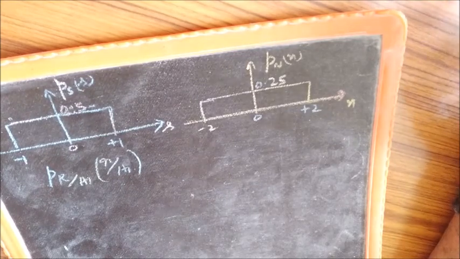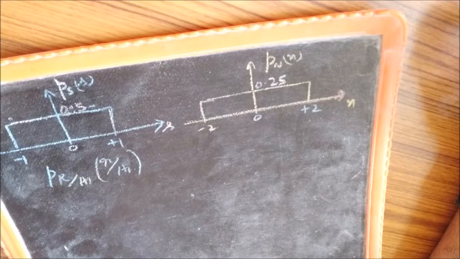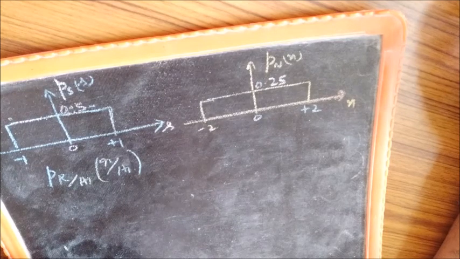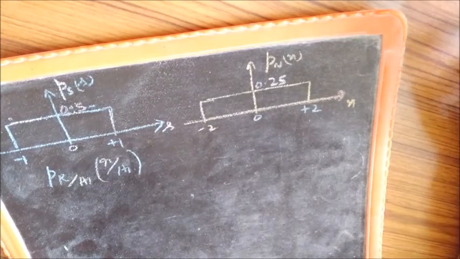So for example, if z is equal to x plus y, then the density function of z will be the convolution of the density functions of x and y when x and y are independent.